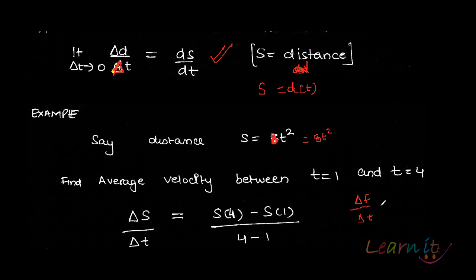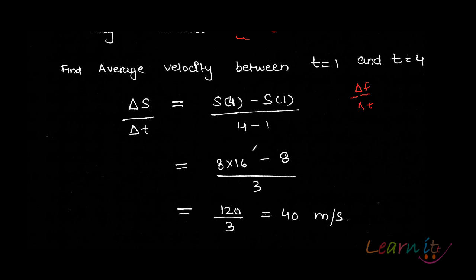So if I'm taking s as distance, change in s is s4 minus s1, and change in time is 4 minus 1. So s4 would be 8 into 16 minus 8 into 1 square, which is 8. That would give me 40 meters per second, in case time is in seconds and distance is in meters.